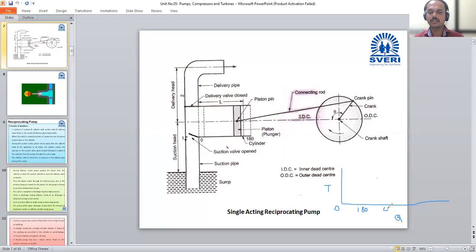Then again here 0 degree, here again 180 degree, 0 degree. So when the piston moves from the inner dead center to the outer dead center, it means from 0 degree to 180 degree, there is no discharge.